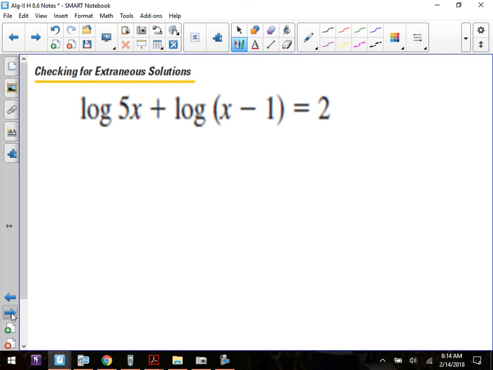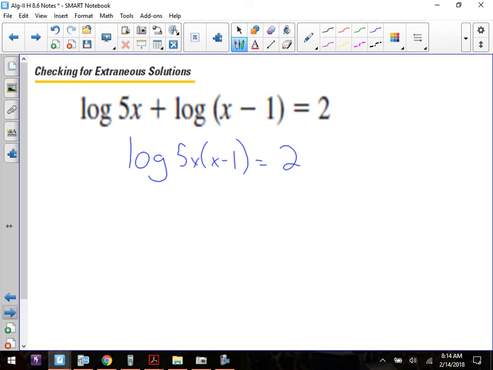All right. So in this case here, since you've got the addition on the one side and no logs on the other side, you have to condense first. So how do you condense when you have addition between two logs? Multiply. Good. So I'm going to get log. How do I undo this log?